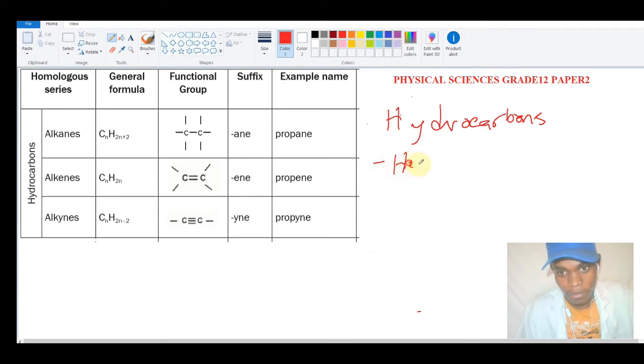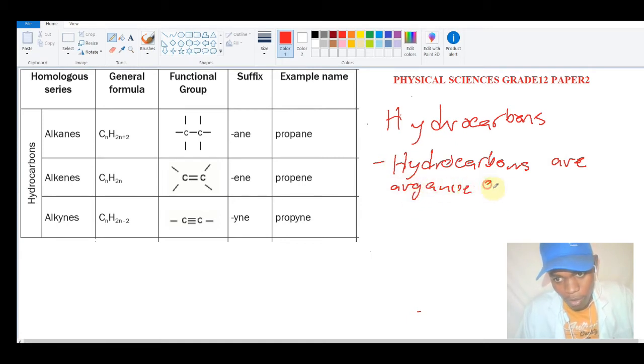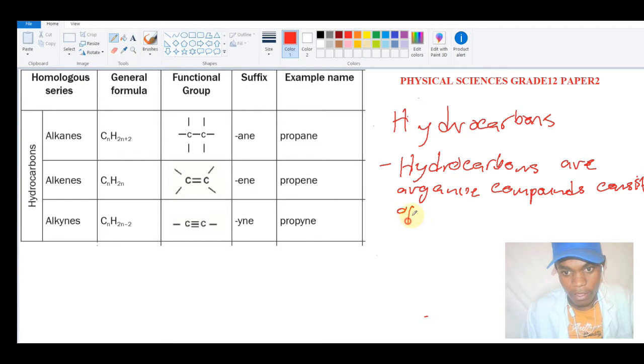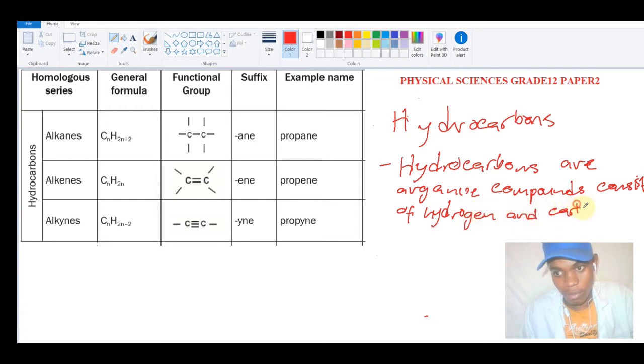Hydrocarbons are organic compounds consisting of hydrogen and carbon atoms only.